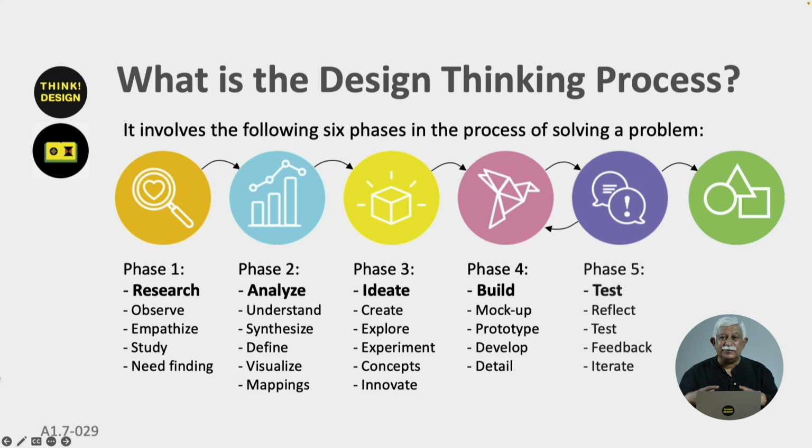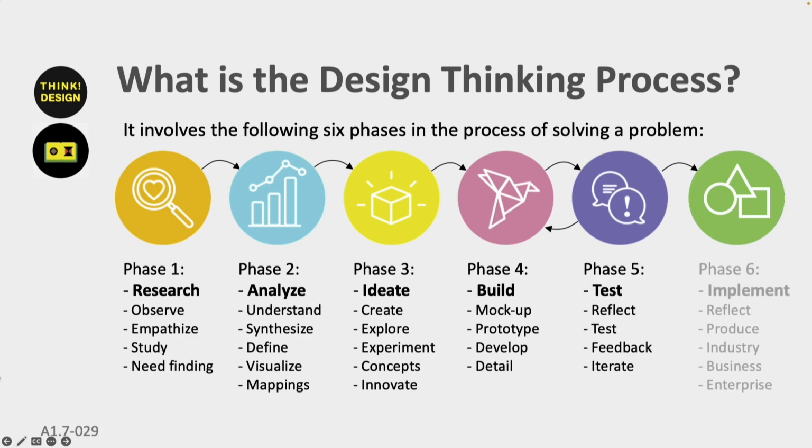Then phase 5 is testing and reflection, getting feedback and iteratively modifying it. And the last phase is implementing it. It means you actually produce it by building a business or an enterprise and it becomes an industry. So, research, analysis, ideate, build, test, implement are the 6 different phases of design thinking process.